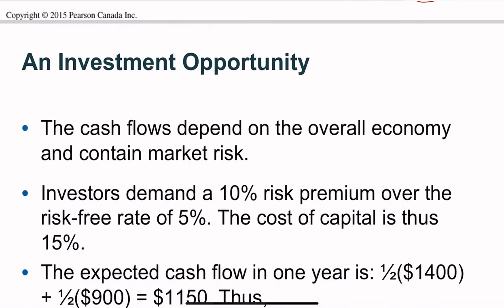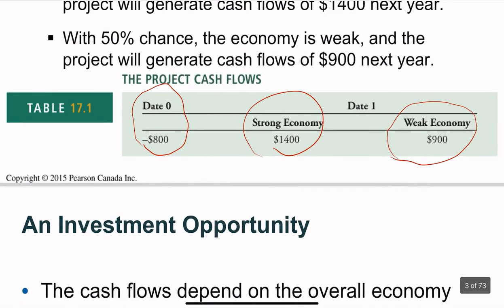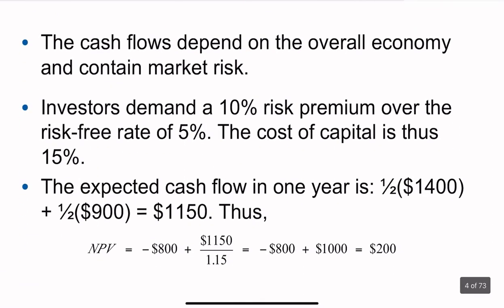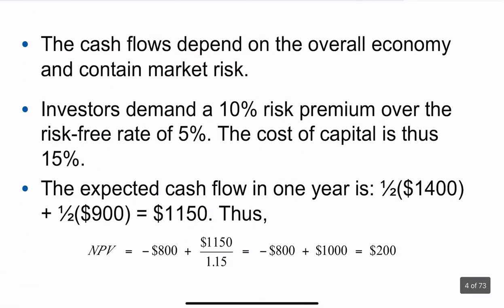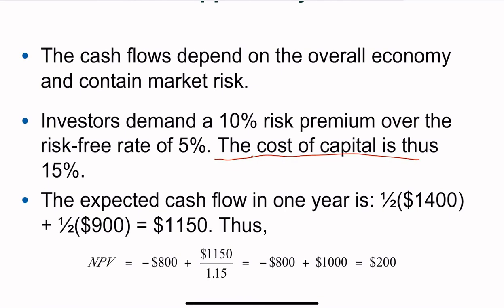Because the cash flows depend on the state of the economy, these two cash flows contain systematic risk. So let's assume investors will demand a 10% risk premium over the risk-free rate of 5%.